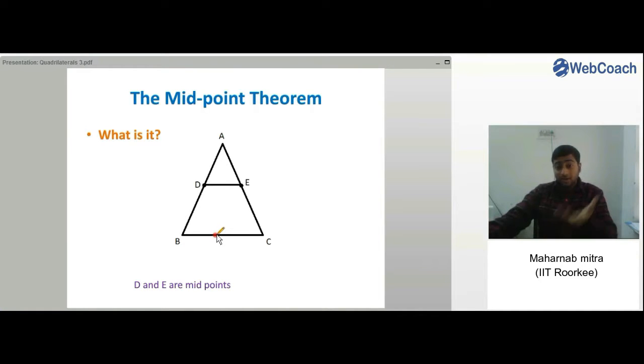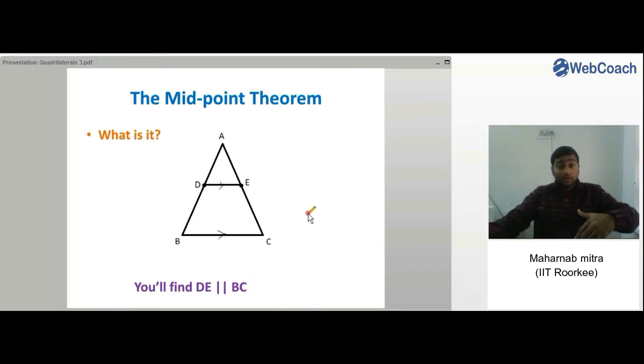The entire midpoint theorem is based upon these two straight lines, or the characteristics of the figure when we draw a straight line joining the midpoints of the two sides. Now by joining this you will actually find that DE, the line joining the midpoints, is actually parallel to the base, right, or to the third side.